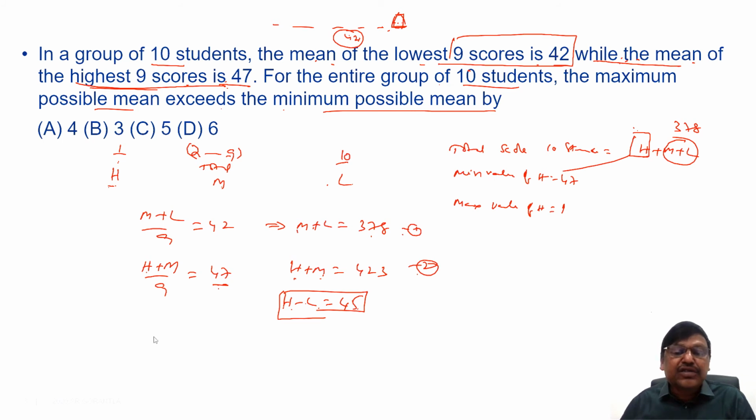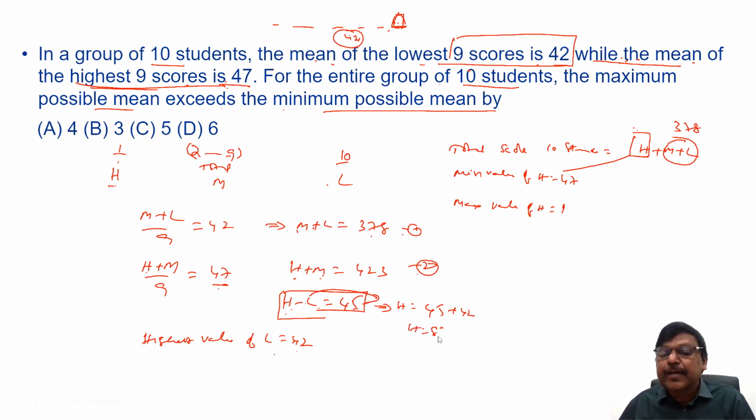Hence, the highest value of L is 42. If the highest value of L is 42, the highest value of H is going to be 45 plus L, that is 42. It will be H is 87.